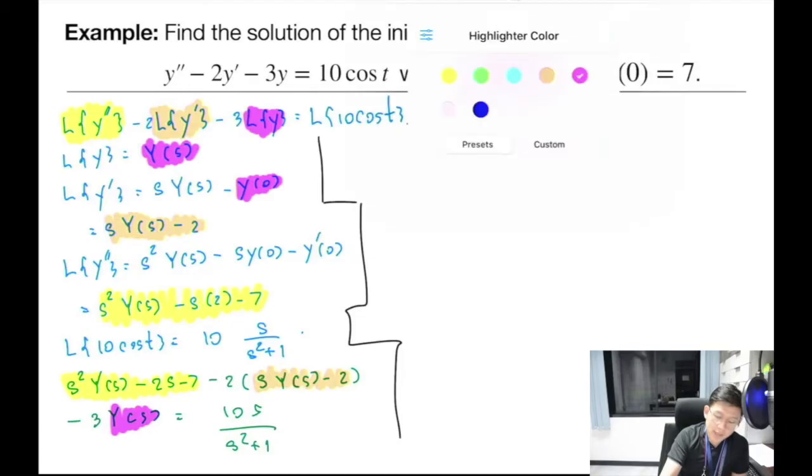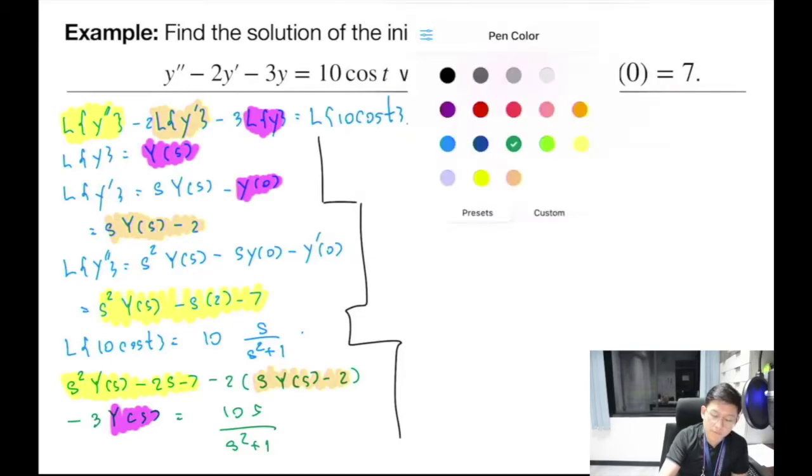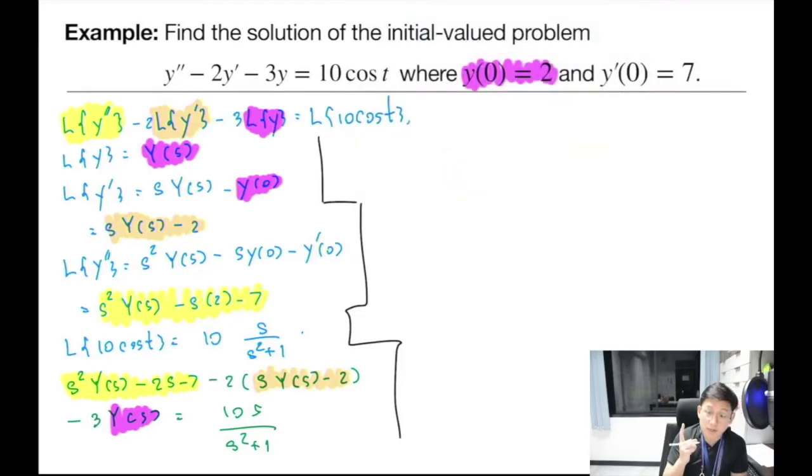Cool. And next we need to solve for the big Y(s), right? So here I would look at the coefficients of Y(s). So I have s squared minus 2s minus 3, and then Y(s). And I push the rest to the right hand side.